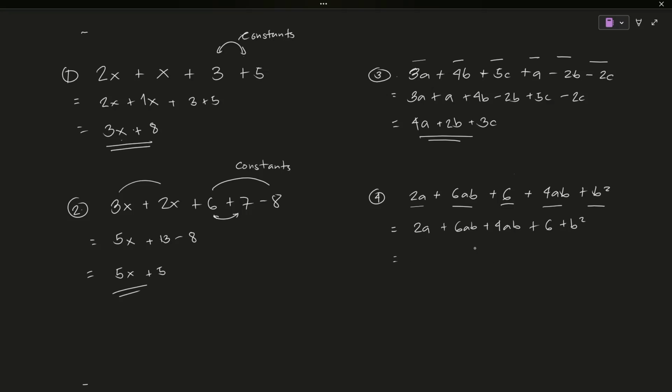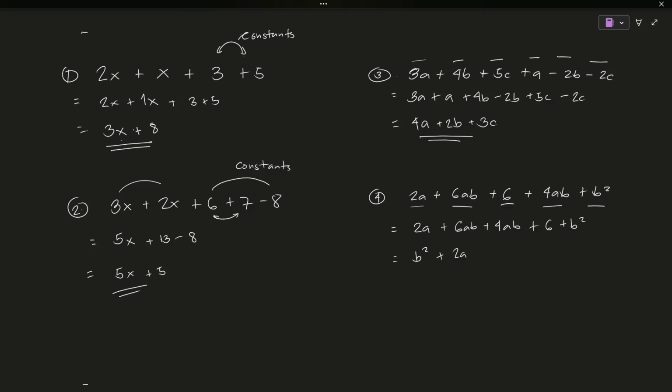So when we arrange this one, let's put first the variable that has the higher exponent. In this part, the highest exponent here is b. So let's just copy first the b squared, plus here 2a. Then for 6ab and 4ab, since they have the same terms, we can combine them.